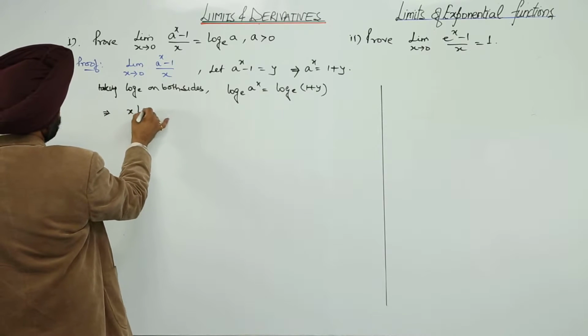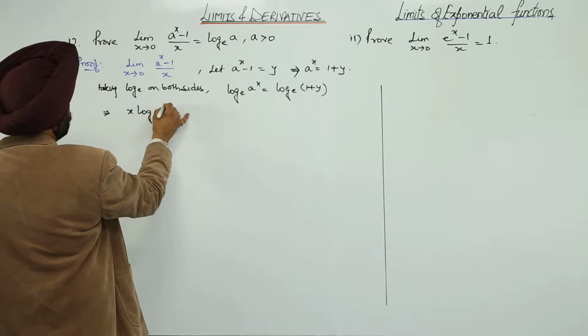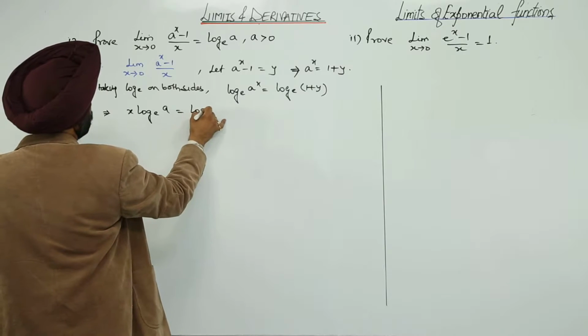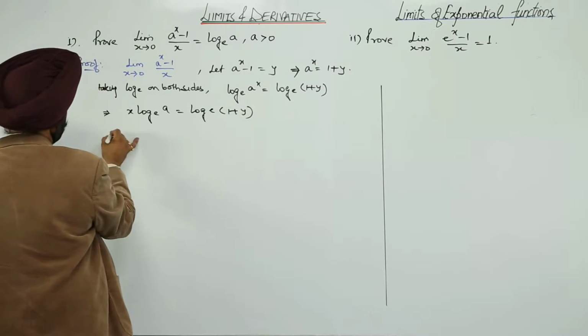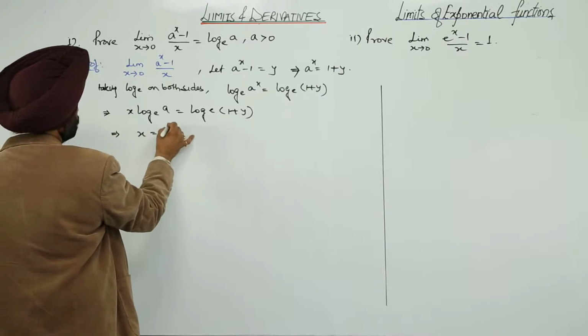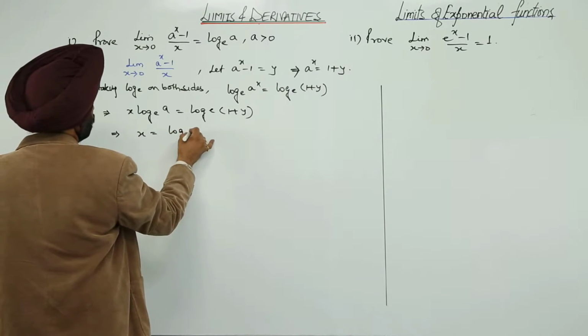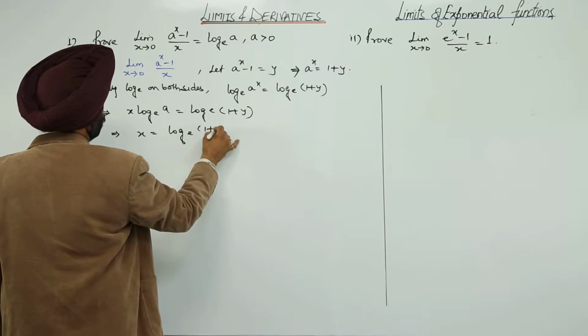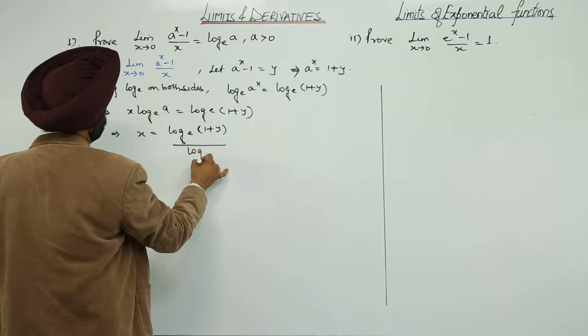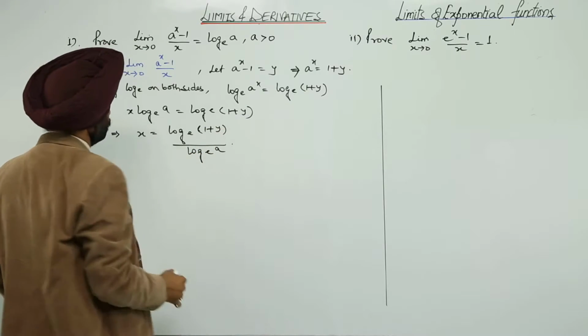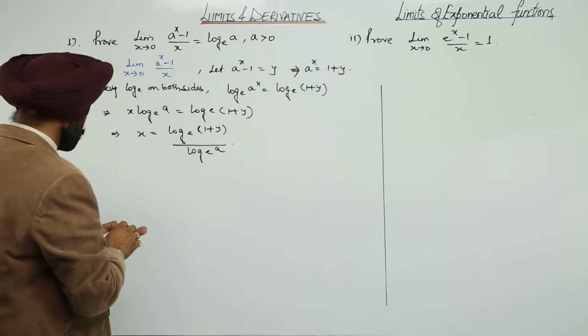x log e a is equal to log e (1 plus y). So x is equal to log e (1 plus y) upon log e a. Okay. Now what was given to us?